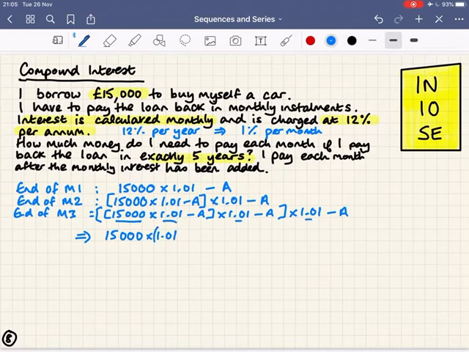So times 1.01 to the power of 3. And then minus, we've got A times 1.01 times 1.01 twice. And then we've got this A multiplied by 1.01. And then we've got A.